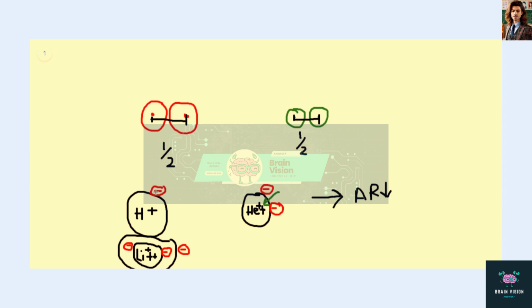So when you go down the periodic table, you're adding an additional energy level, and that causes the atomic radius to increase. When you go down a column in the periodic table, your atomic radius goes up.